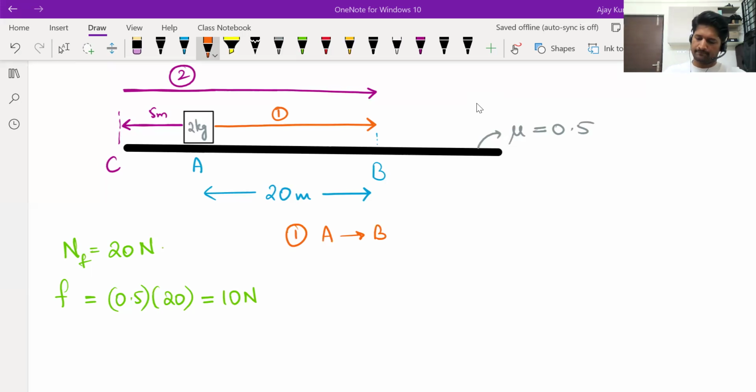So F s cos theta, like frictional force into displacement, cos of angle between them. Correct. Frictional force is 10 Newton. Displacement is 20 meters. What's the angle between friction and displacement when it goes from A to B? 180. 180, so cos is minus 1. So work done by friction as it is taken directly from A to B is 200 joules. Minus 200 joules, sorry.